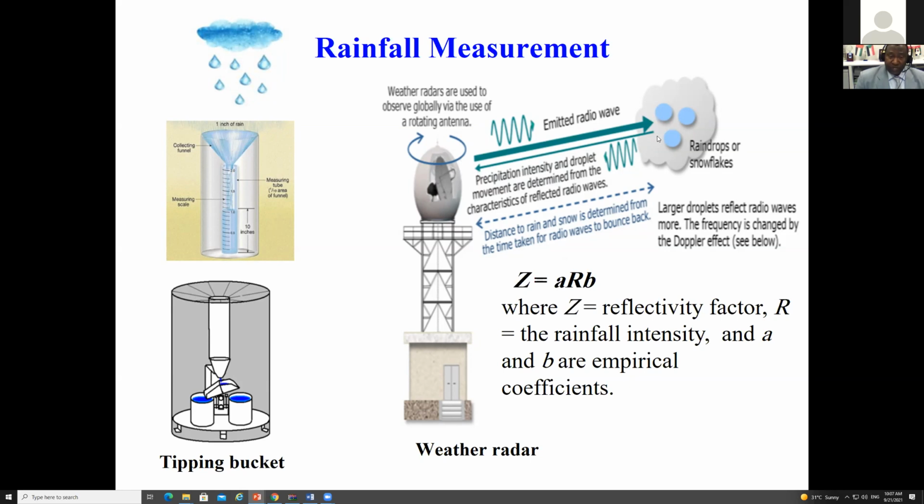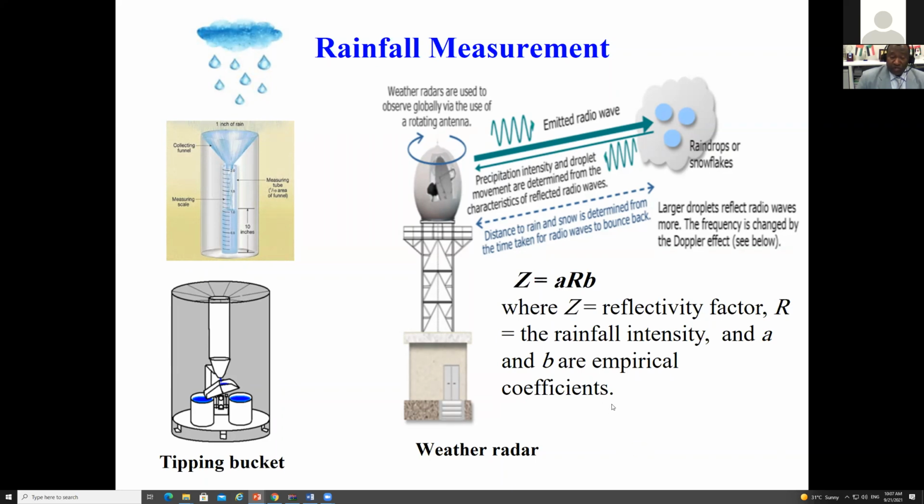So the time for sending and receiving will be calculated, and the distance can be estimated, and also the reflectivity can be converted to an amount of rain. Whatever is hit by the signal, maybe a drop of water or maybe ice, but sometimes they also face problems related to reflection from birds or maybe other insects. Also, they have the limitation of 200 kilometers. That means beyond this there is also a limitation related to the use of the radar.